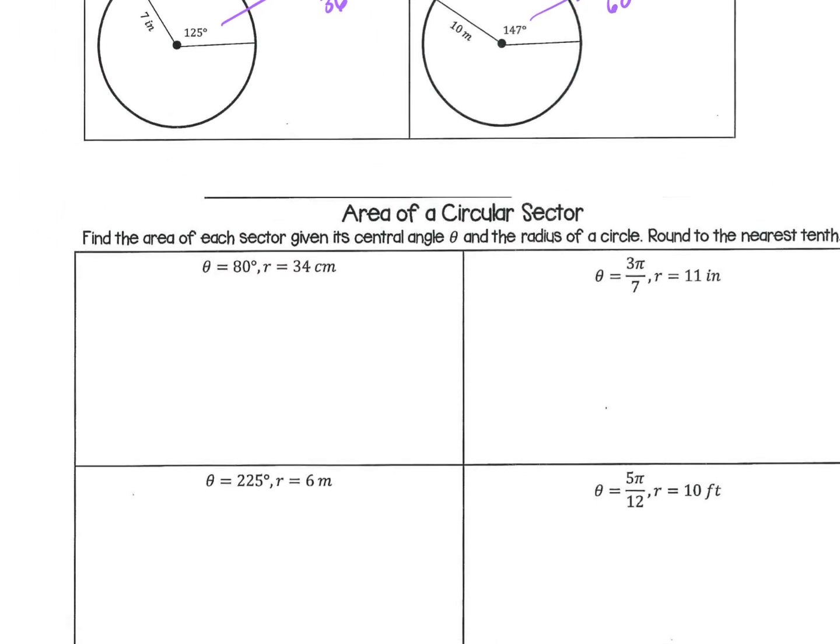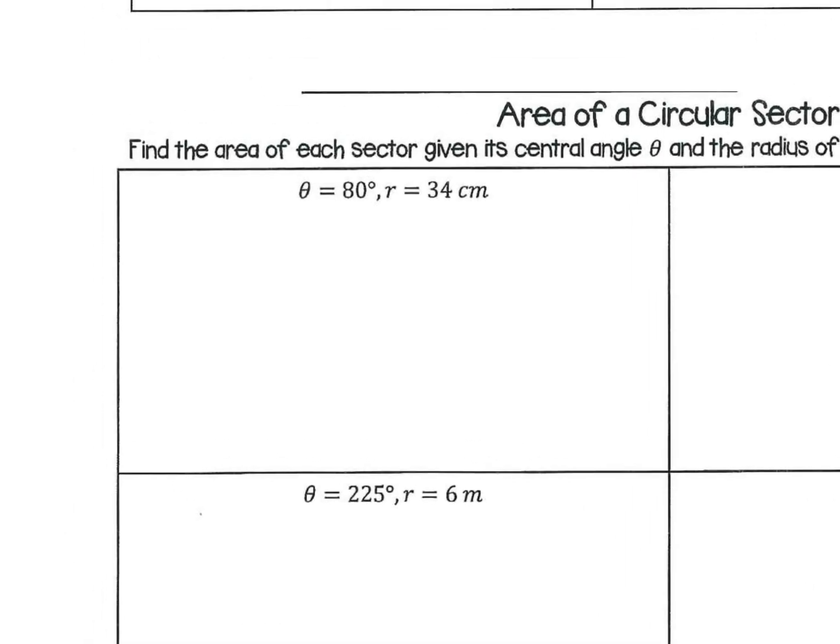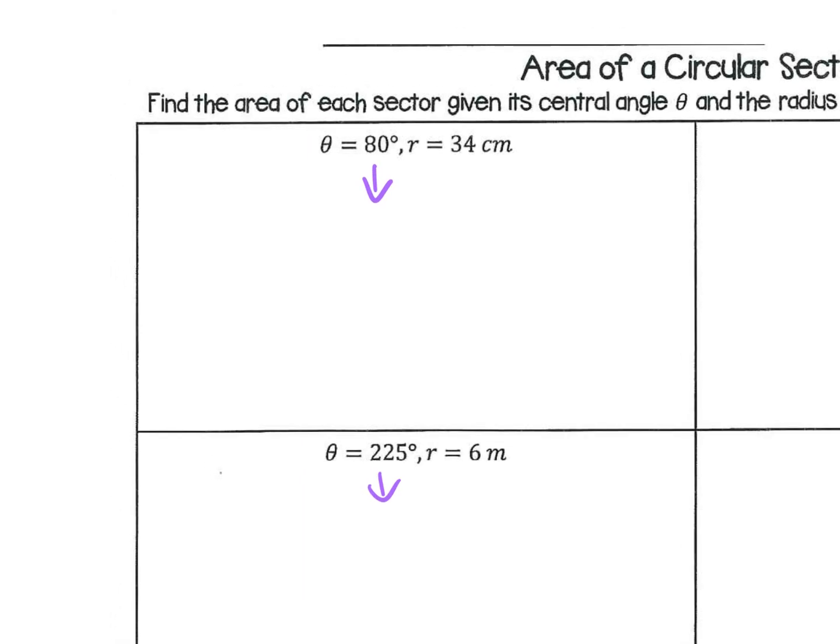Great, okay, I'm seeing degrees on the left, radians on the right. Vivian, what do we get for the 80 degrees when we convert that? Okay, so 4 pi over 9, there you go.